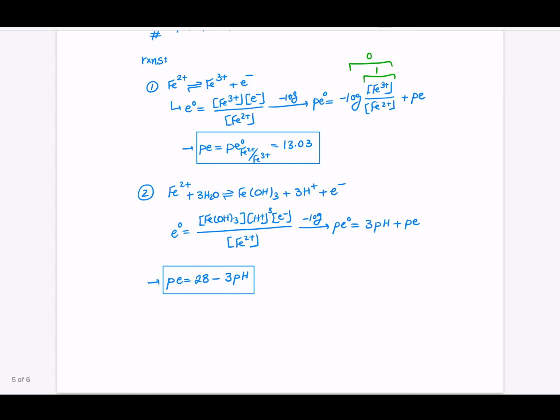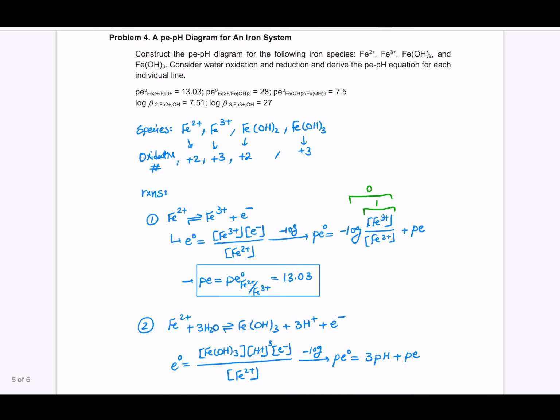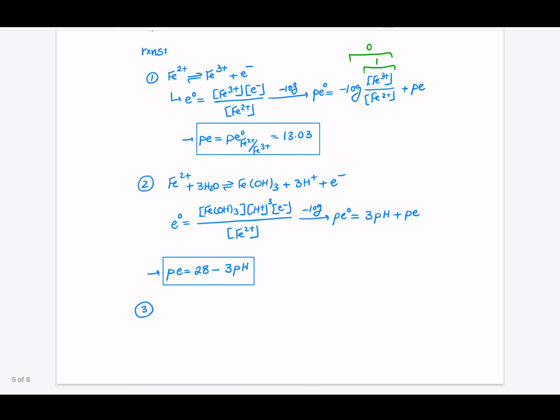Now let's see if we can draw it. The third line would be another redox, this time between FeOH2 and FeOH3, as we expect. The oxidation number changed from +2 to +3. So basically this is oxidized to this species.